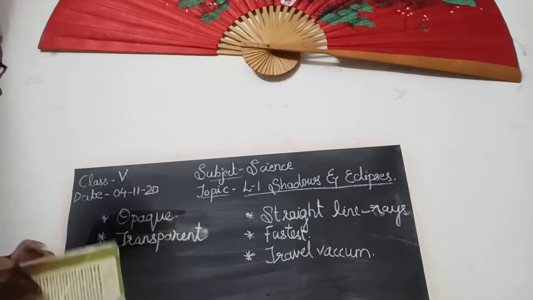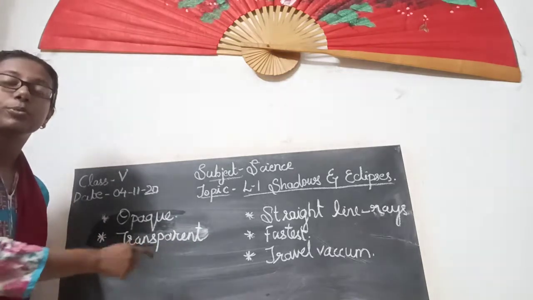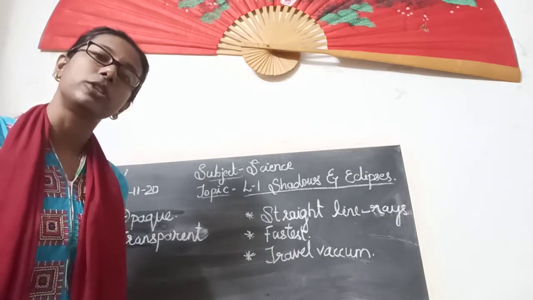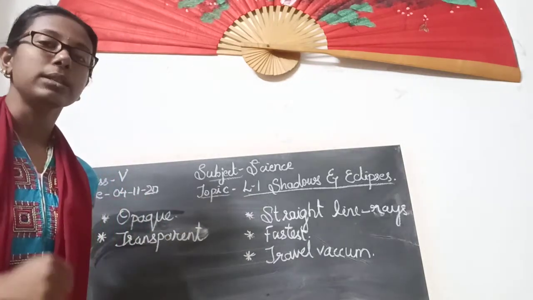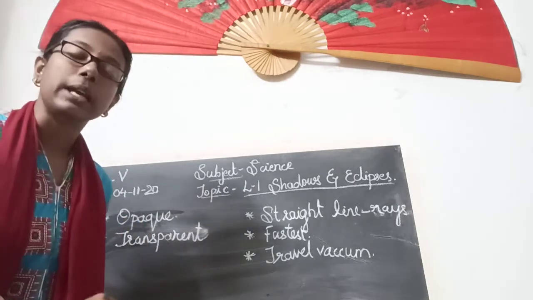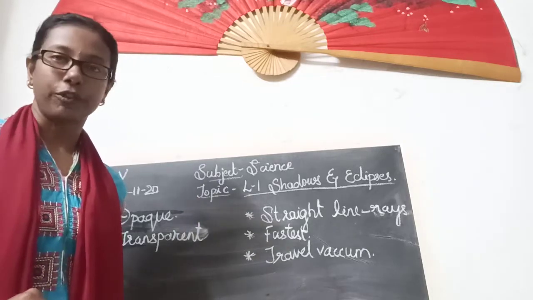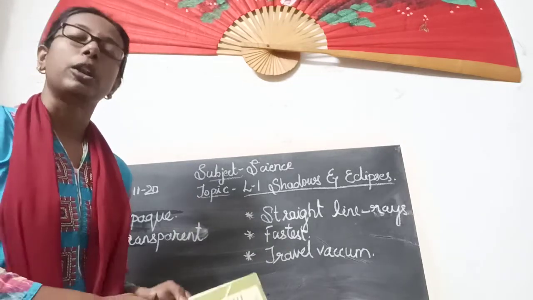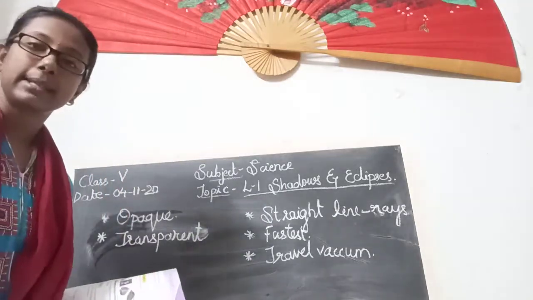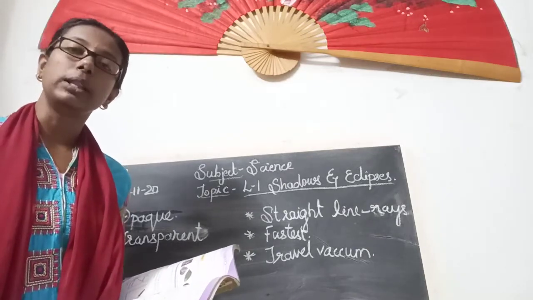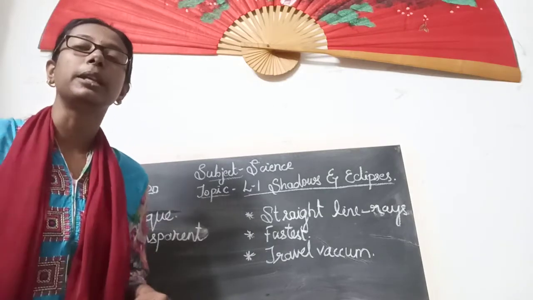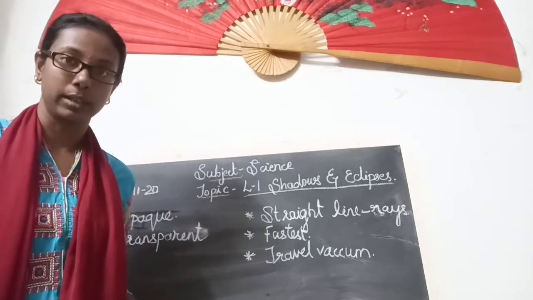The objects which will allow only a little small amount of light to pass through them are called transparent objects, like your glass, water. Completely, you would sometimes say it is completely transparent. That means you can see through it.